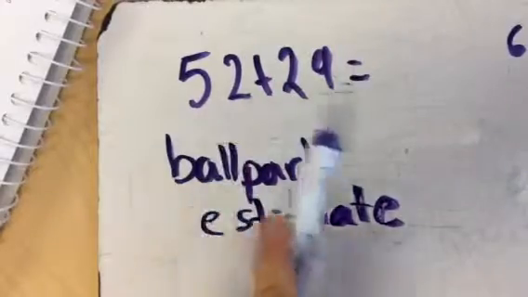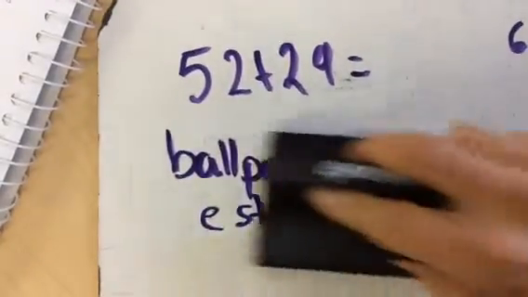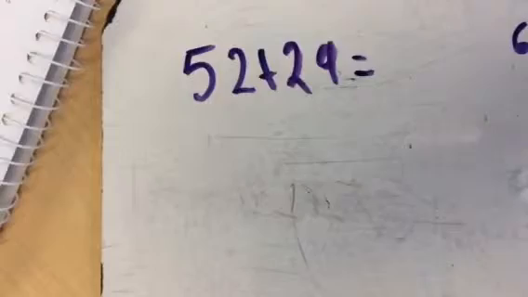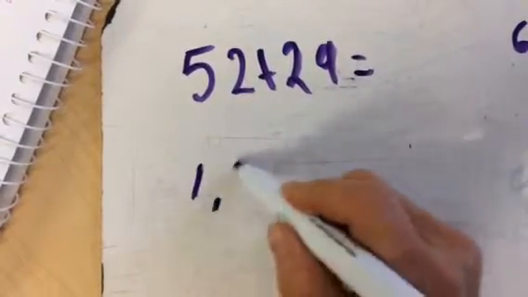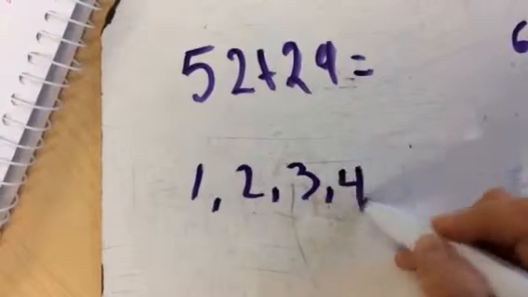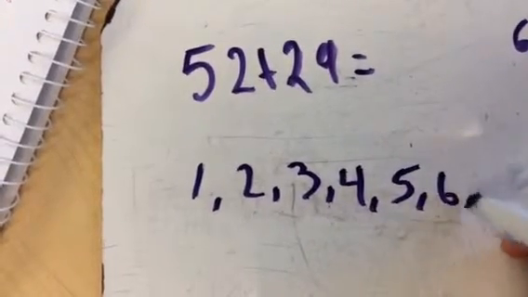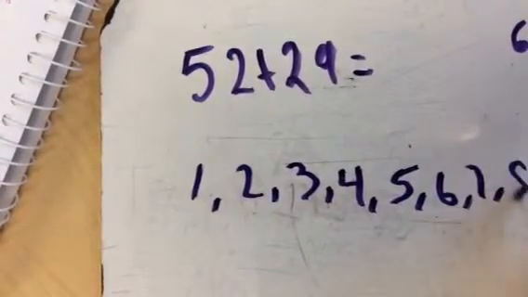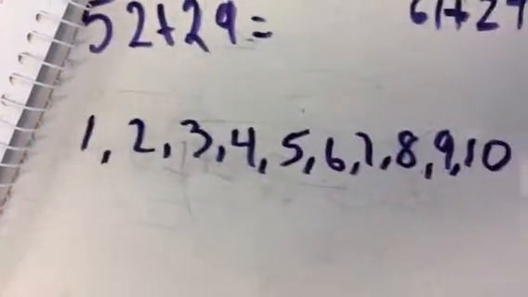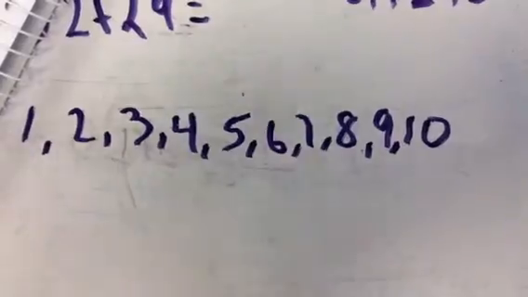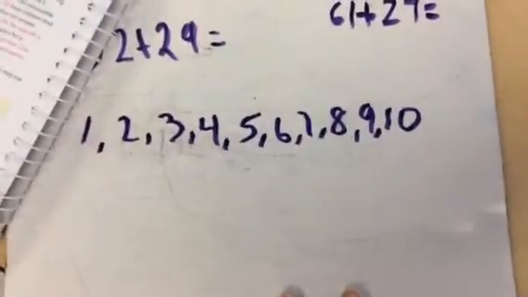So if I were going to look at 52 plus 29, and we've already talked a little bit about ballpark estimate, I'd look at my number chart and go 1, 2, 3, 4, 5, 6, 7, 8, 9, 10. Let me put this up just a smidgen more so we can see the whole thing.